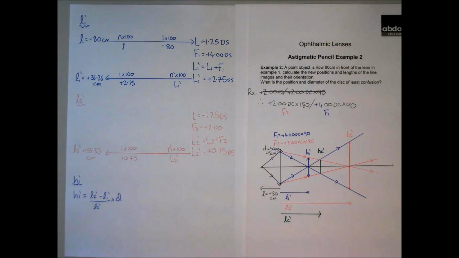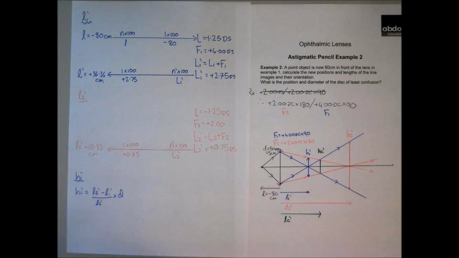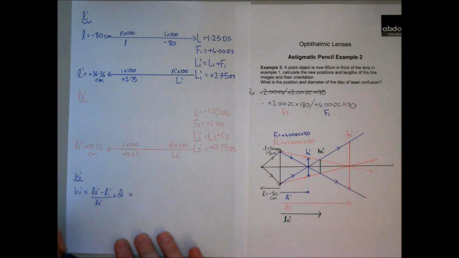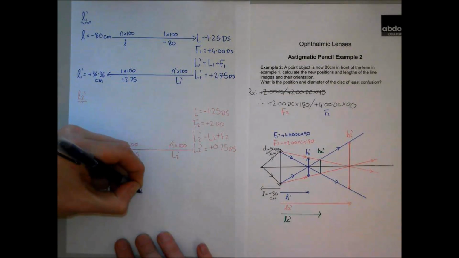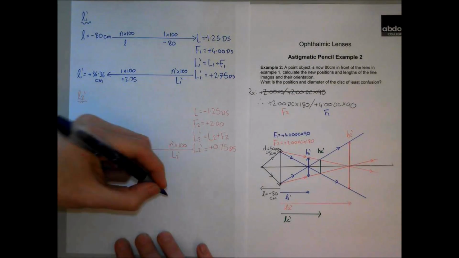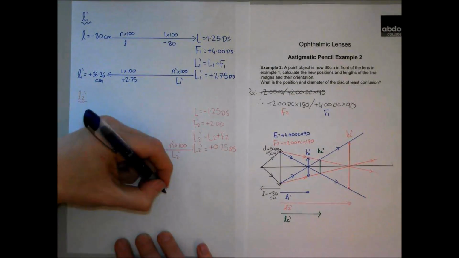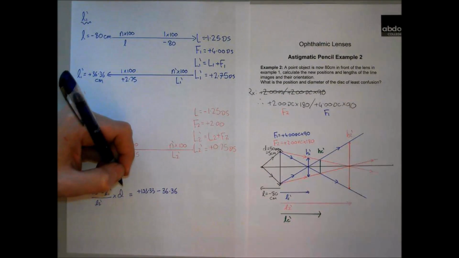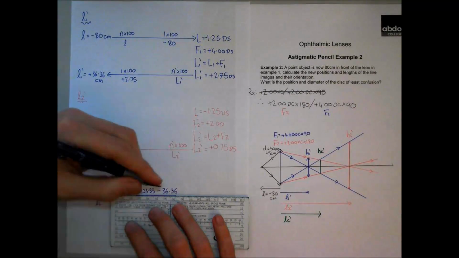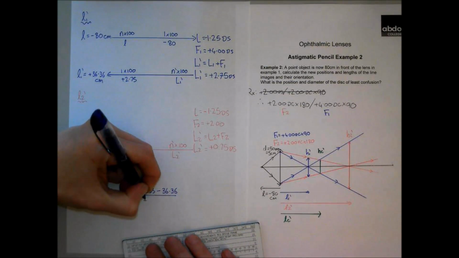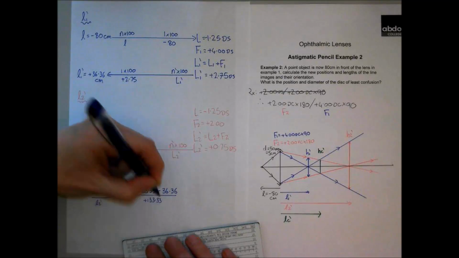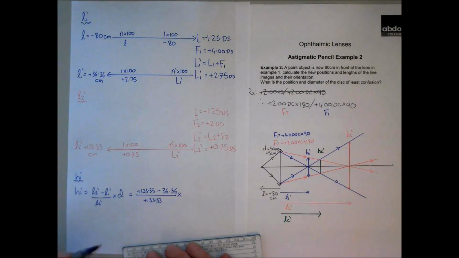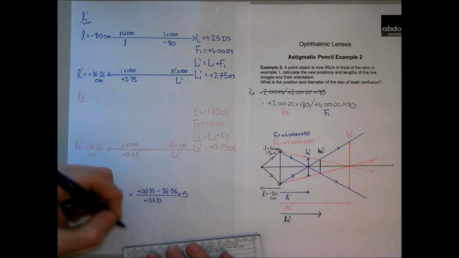Because what I want to do really is keep everything as much as possible in the same unit. So, my little L2 dashed was 133.33 minus my little L1 dashed of 36.36, all divided by my L2 dashed of 133.33 times by my diameter, and remember these are all in centimeters, so my diameter is 5 centimeters.